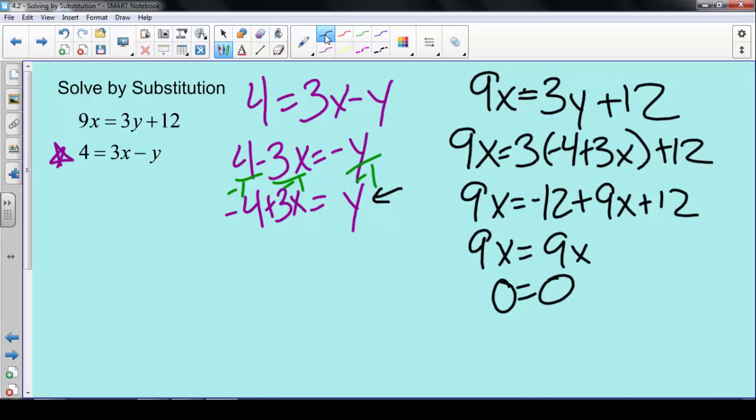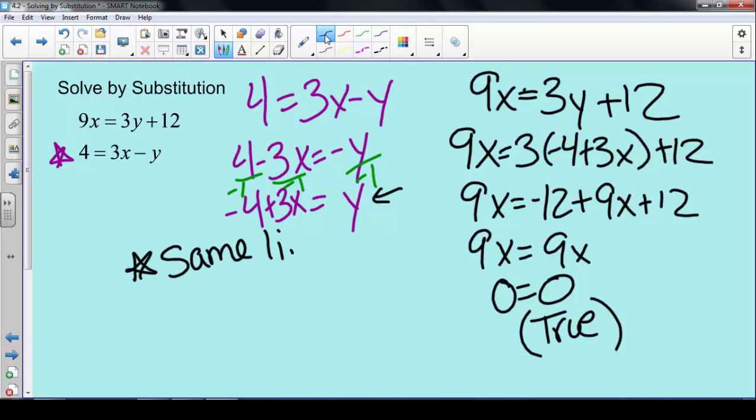So we get 0 equals 0. Since this is a true statement, 0 does equal 0. What this means is that they are the same line. So think back to the last section in 4.1 when we graphed them. If they were the same line, we wrote our answers in terms of x, or you could have in terms of another variable.